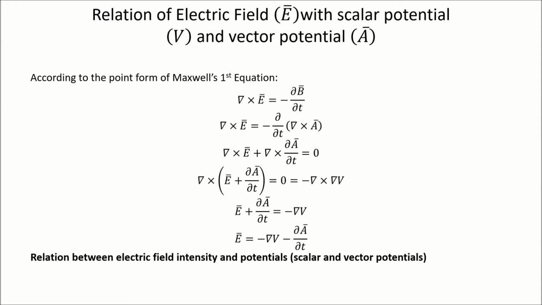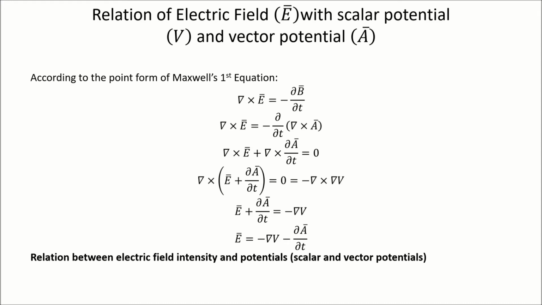How electric field relates with scalar potential V and magnetic potential A will be discussed here. The circulation of E field is equal to the negative partial rate of change of B field over time, which is Maxwell's equation derived from Faraday's law.